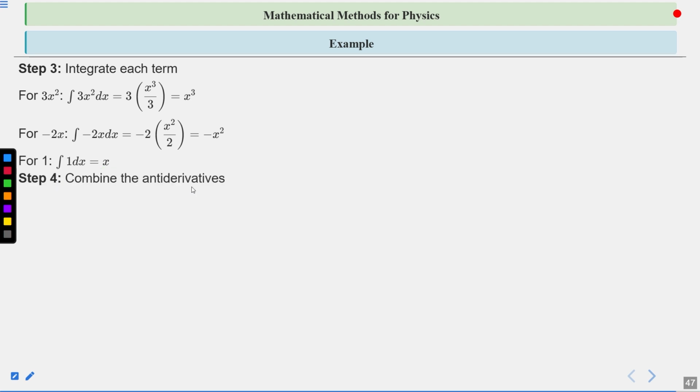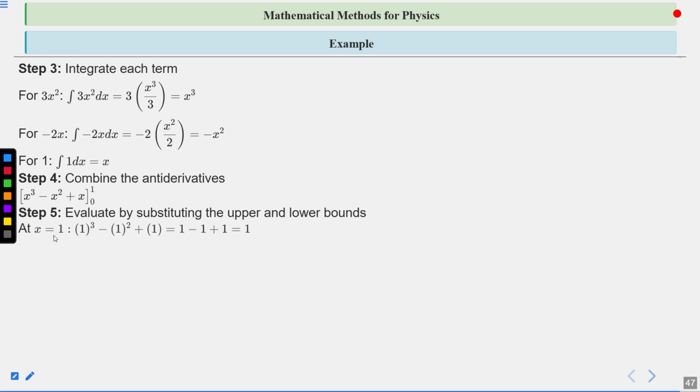Now combine the antiderivatives. So x cube minus x square plus x from 0 to 1. Now substitute the limits 0 and 1. Evaluate by substituting the upper and lower bounds. At x equal to 1, it will be 1 cube minus 1 square plus 1, which is 1 minus 1 plus 1 equal to 1.